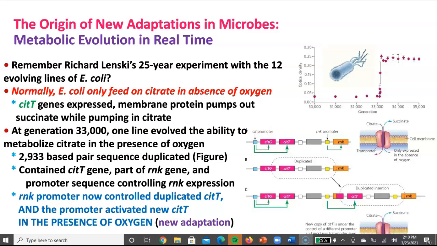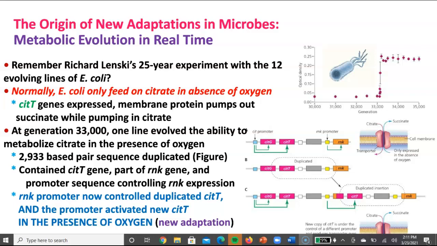So remember that Richard Lenski experiment, 25-year experiment, still going on today with the 12 evolving lines of E. coli? Well, we're looking at that experiment again because during that experiment, they documented the evolution of a whole new metabolic pathway that allowed E. coli to use an energy source that they were not able to use previously. So that's a pretty big deal.